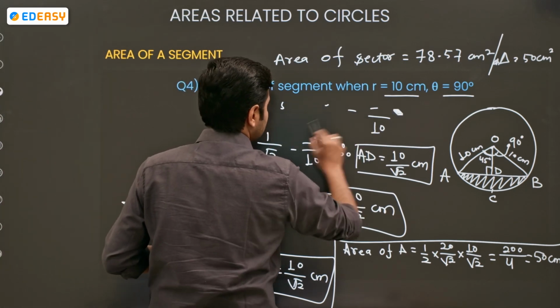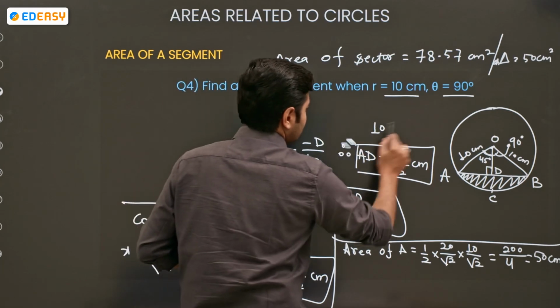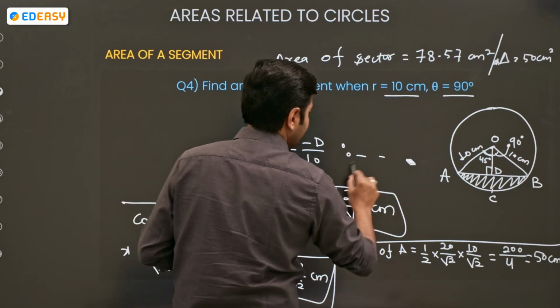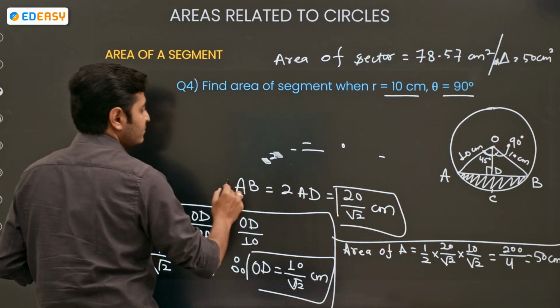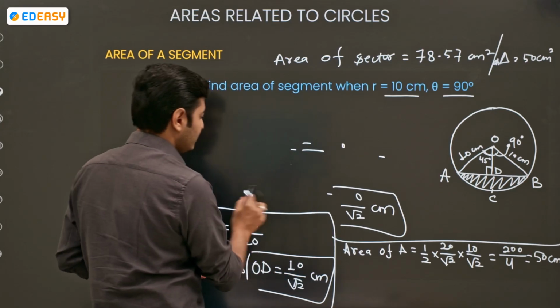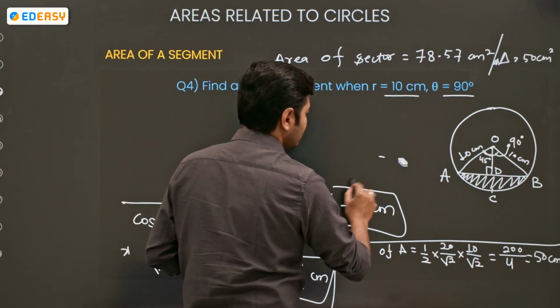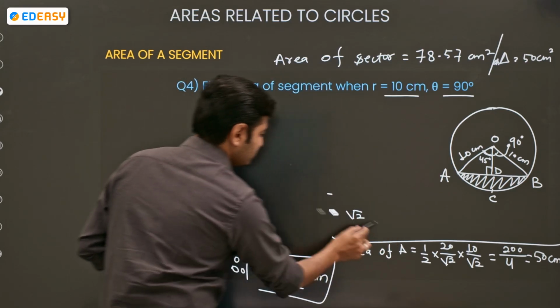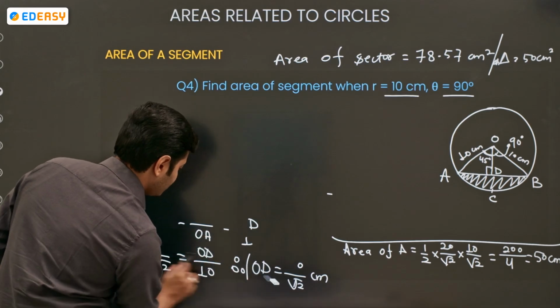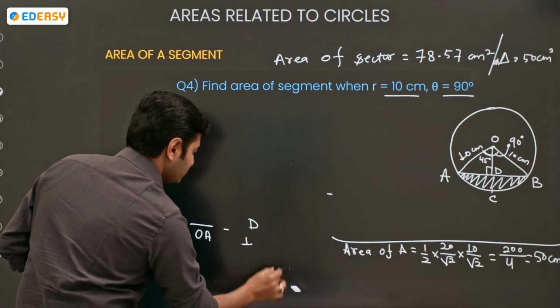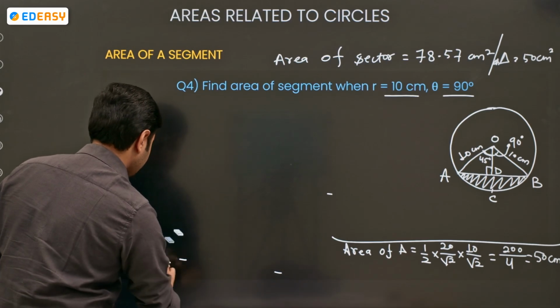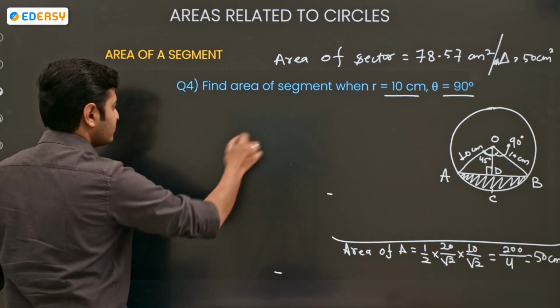Now what is left? We need to find the area of segment. We know that area of segment will always be equal to area of sector minus area of the triangle, correct? So we can use this because we are having all the values.